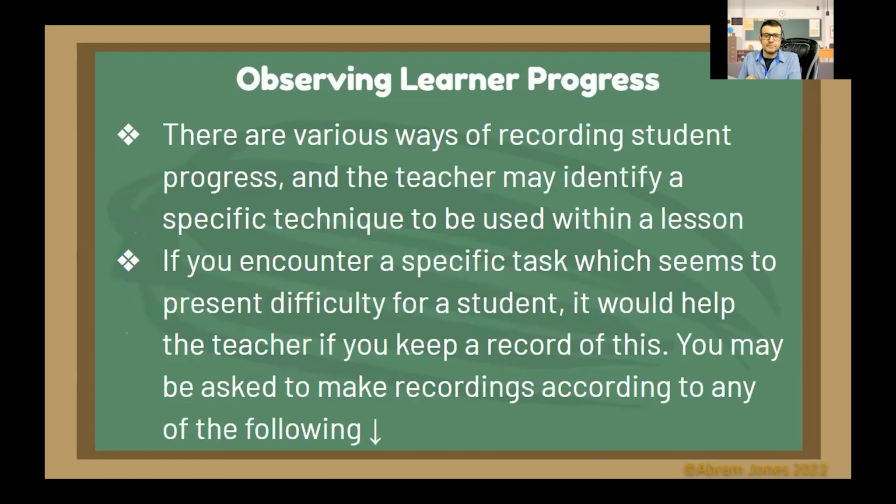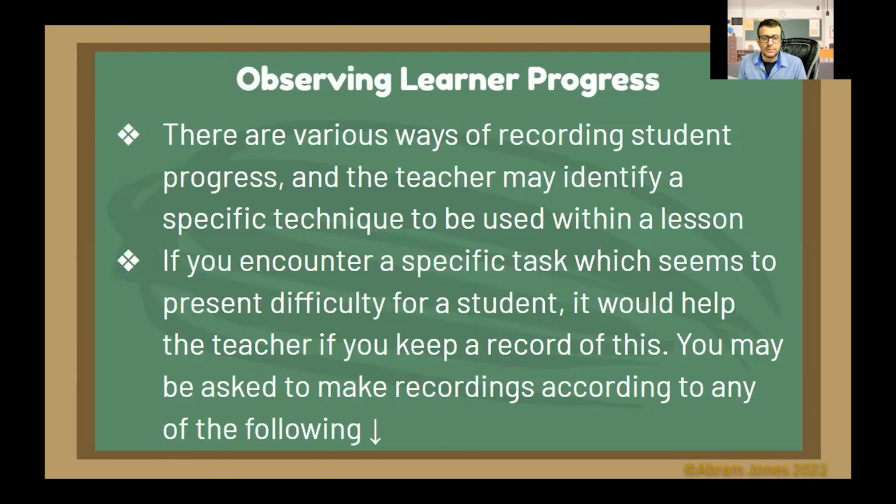There are a number of different ways that we can record student progress. The teacher may identify a specific technique to be used within a lesson as far as recording goes. If you come across a specific task that seems to present difficulty for a student, it would really help the teacher if you could keep a record of this.